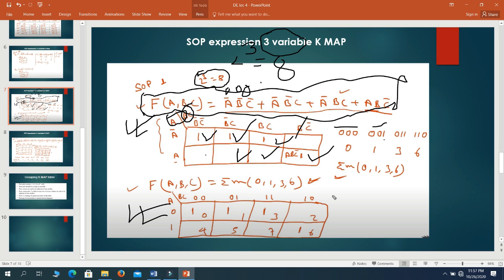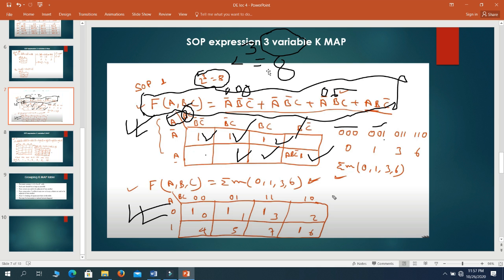Next we have A bar, B, C. For A bar we write 0, because a bar or prime sign is represented with a 0. Then we have B, which has no bar or prime, so B should be represented with 1.